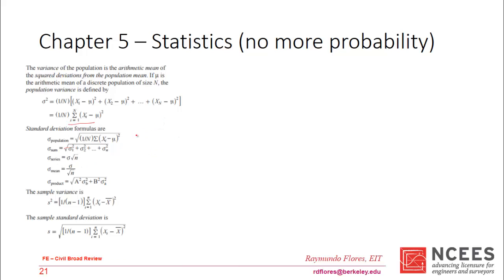So the standard deviation formula for the population is the square root of 1 over n times the sum of the squared deviations, or well, actually, the square root of the variance. But what I wanted to explain in this case is you see all this junk, right?